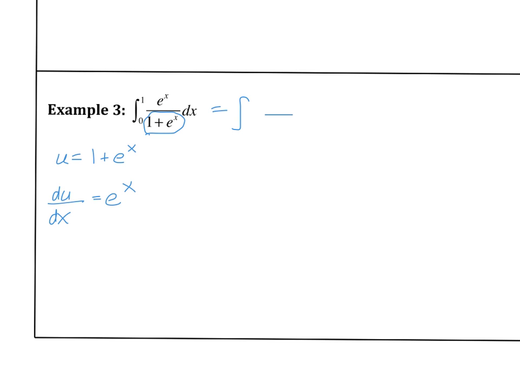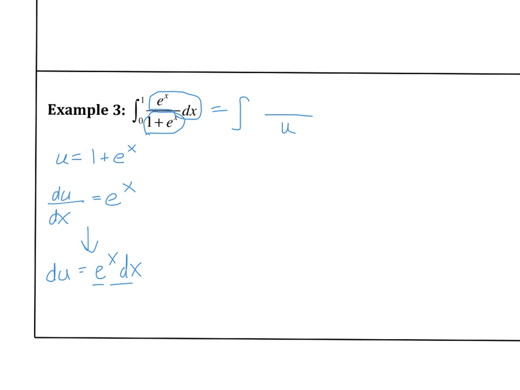All right, so on the bottom, instead of 1 plus e to the x, I'll have u. And then on top, I'm going to use that trick again, right? I need something that is equivalent to e to the x dx. And then here comes multiplication, saving the day. Oh, look, by writing du, I will have taken care of both e to the x and dx.